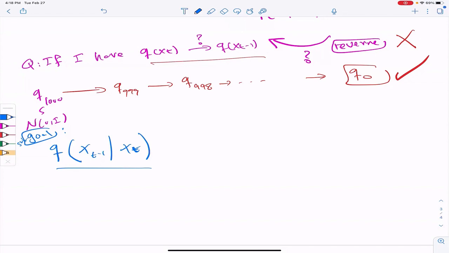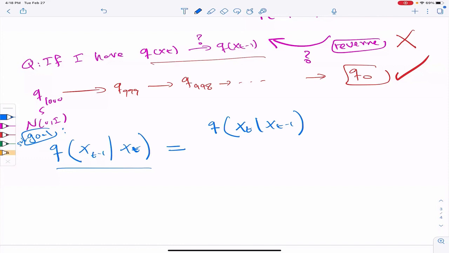What is one rule to simplify conditional distributions? Bayes rule. Thank you. Okay, so let's just write Bayes rule and see if it is useful. q(x_{t-1} | x_t) is equal to q(x_t | x_{t-1}) times... Fantastic. I know this term. What is q(x_t | x_{t-1})?